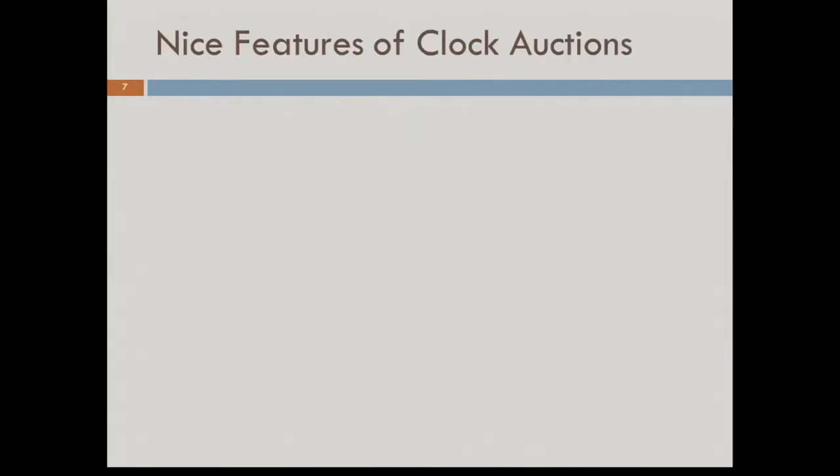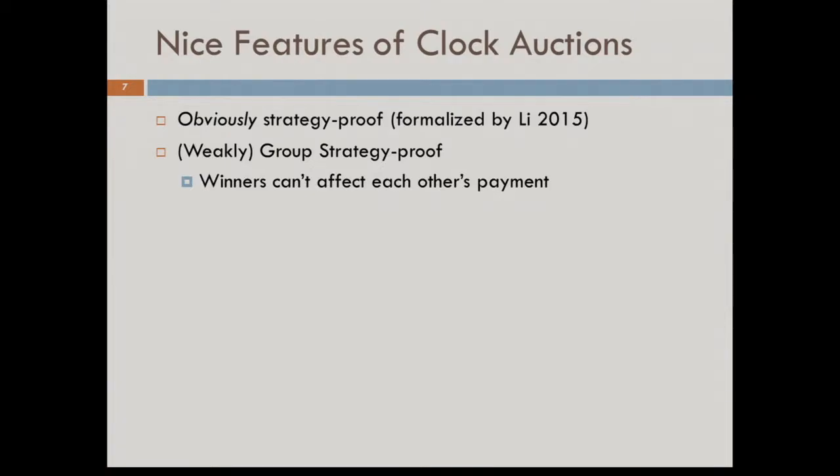OK. All right. So now, what are the nice features of this kind of auction? Well, obviously, strategy-proof, unlike the Vickrey auction, and Sheng will talk more about this. Also, it's group strategy proof. Now, how do we see it? If you think about this example, the problematic case for group strategy proofness is when two winners can affect each other's prices.